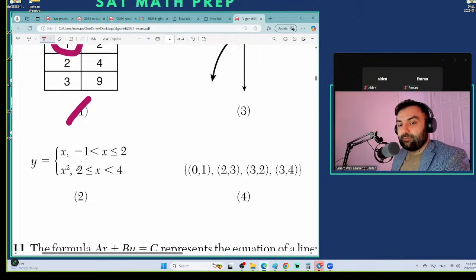Number 2. Ooh, interesting. This is going to be hard to see, and I would put it off for a second because this is going to have to be graphed somehow.